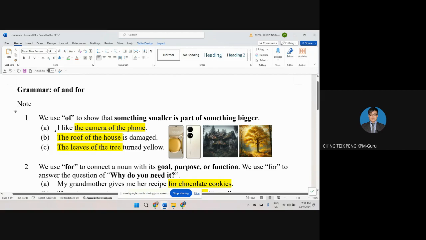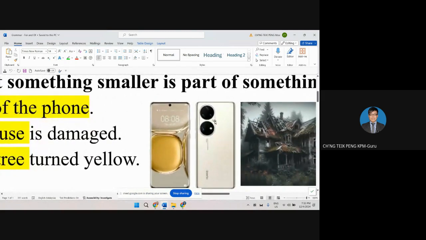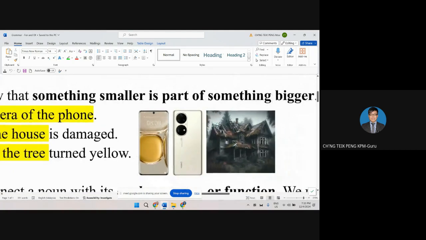For example, I like the camera of the phone. As you can see here, the camera is part of the phone. So we can use of: the camera of the phone.